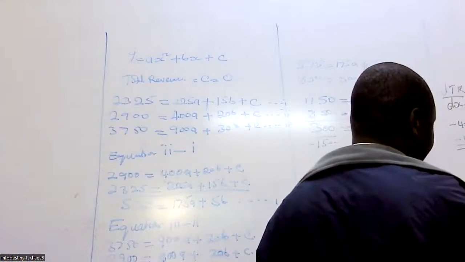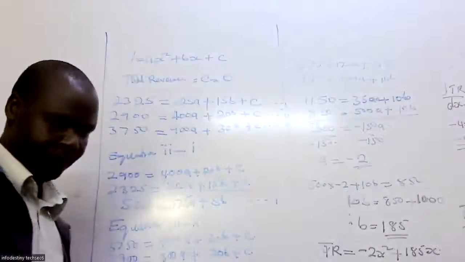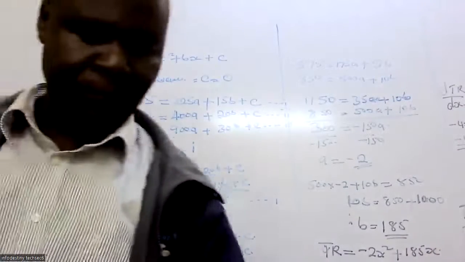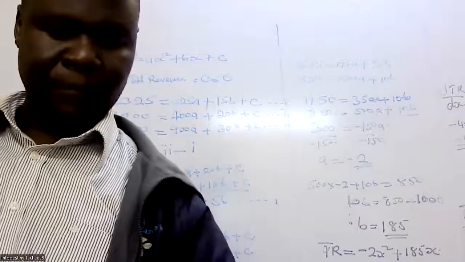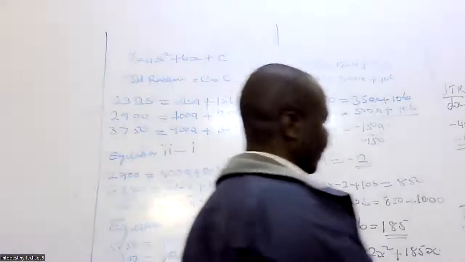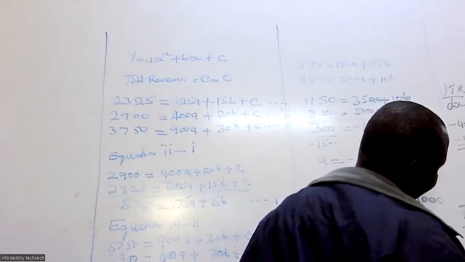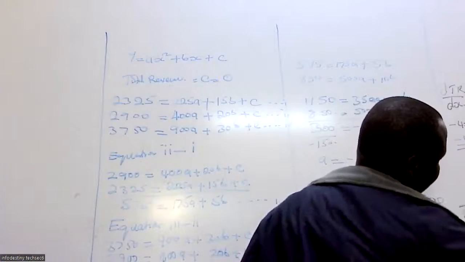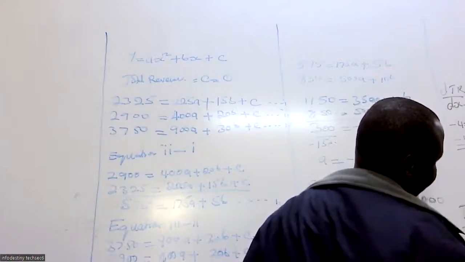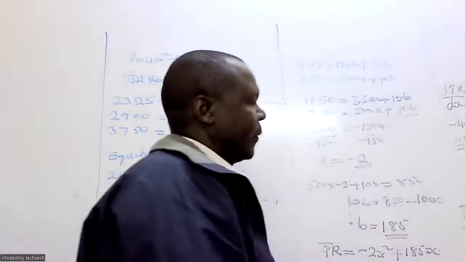So TR will be equals to, this is 50, it's not negative.